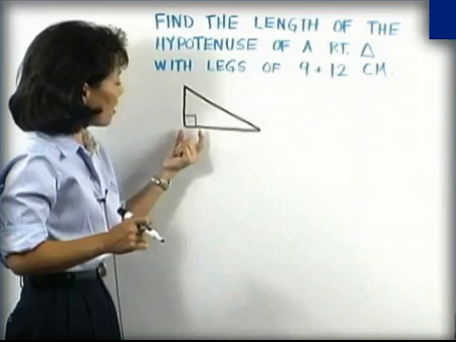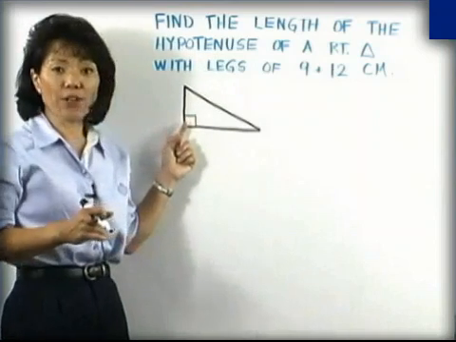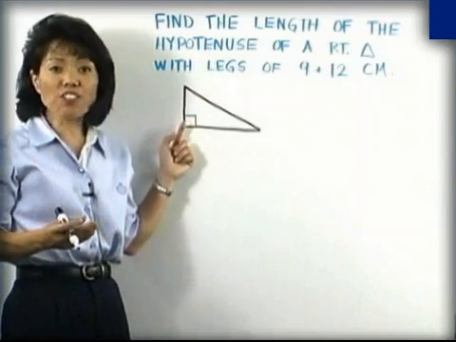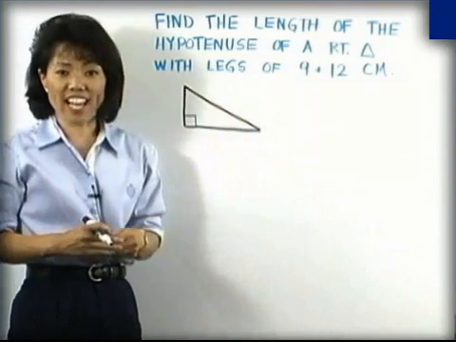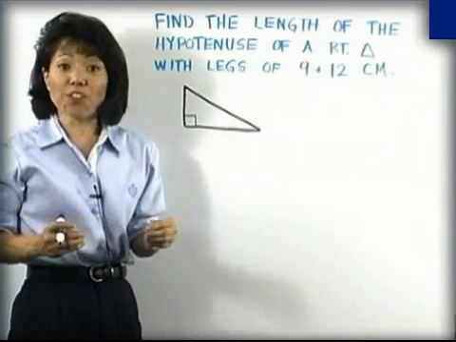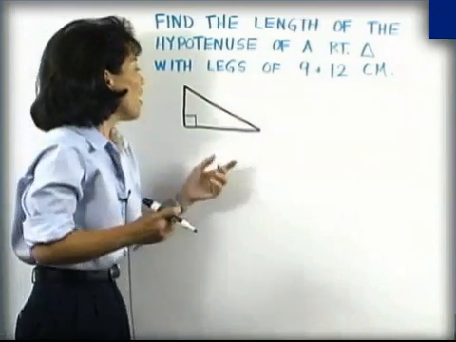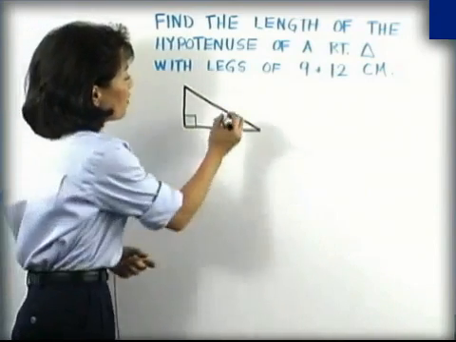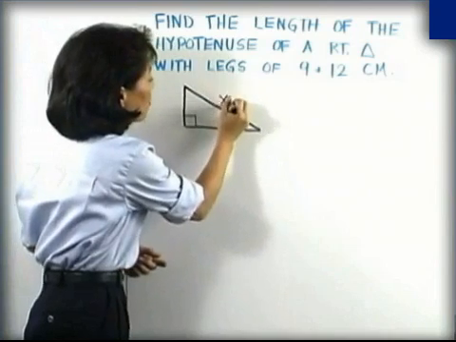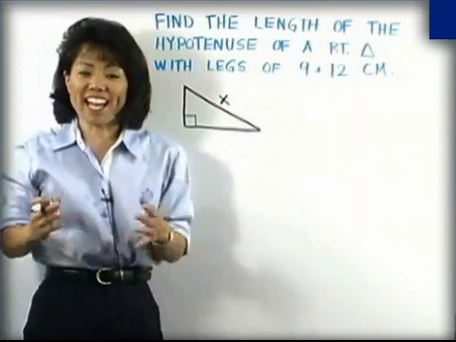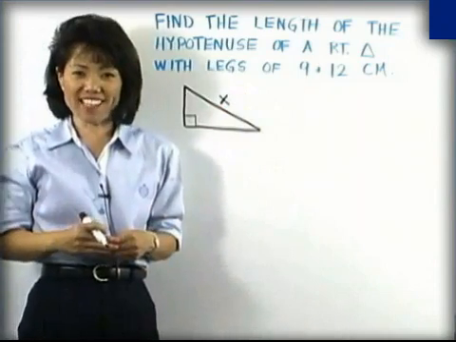So what we can say is this: if we know this is the right angle, and this is indeed the largest angle of the triangle, the side opposite the largest angle is also the longest side. So we can be safe to assume that the side opposite the right angle is the hypotenuse, and we're going to label that x because we don't know that length.